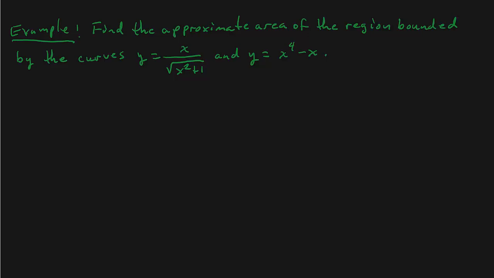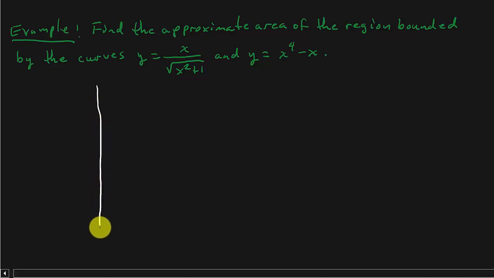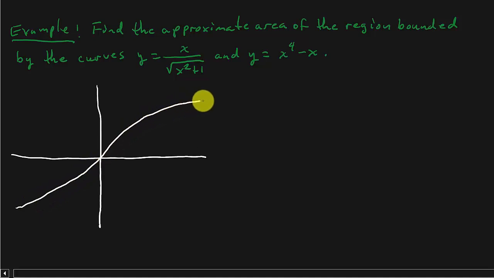All right, so the first thing we need to do is graph this thing. So to graph it, we get to graph this one. That graph is going to look like this.